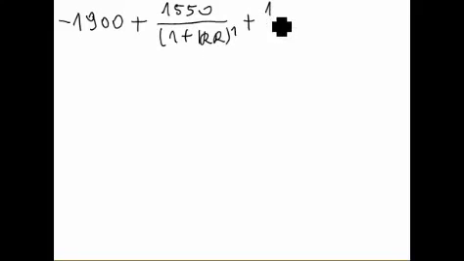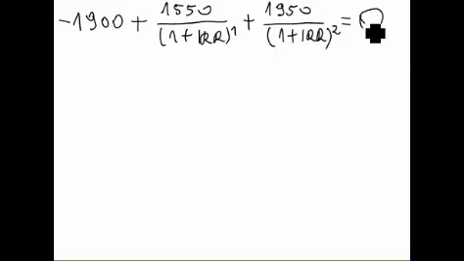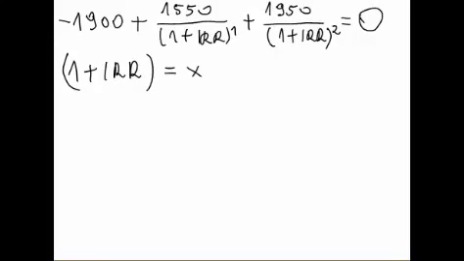Primary investment of 1,900 with minus, as we treat it as an outflow, plus cash inflow in the first period discounted by internal rate of return, plus cash inflow in second period also discounted by the internal rate of return equals 0.